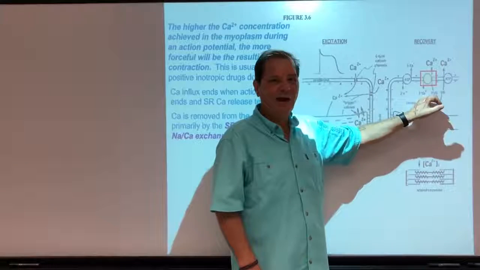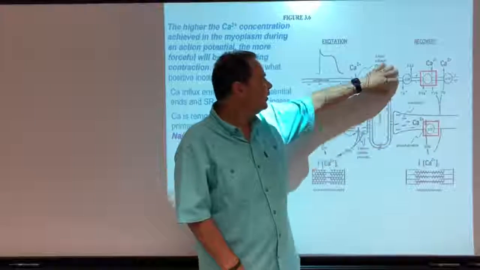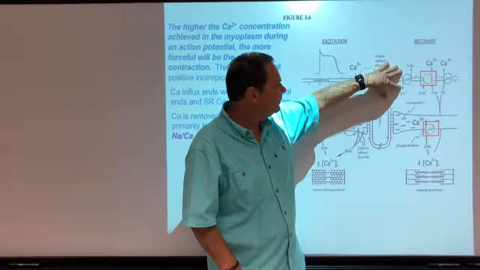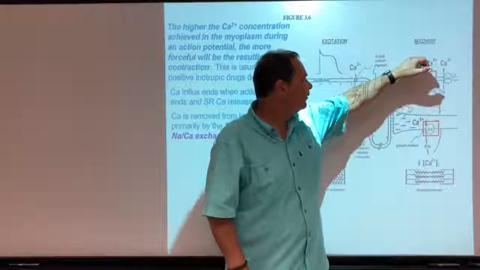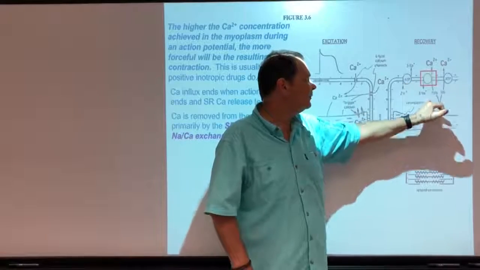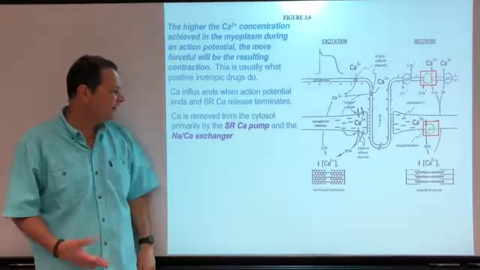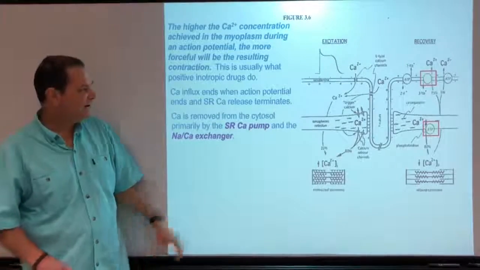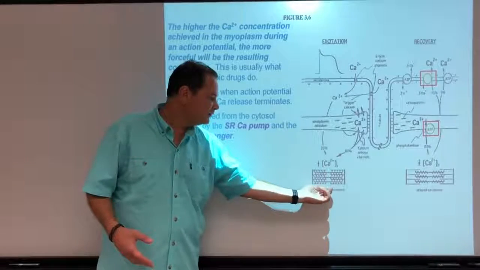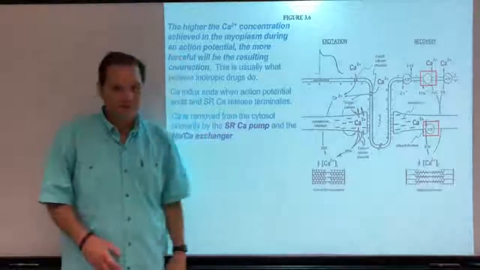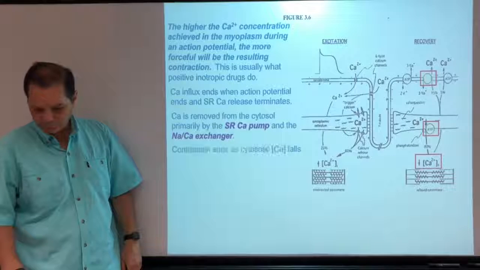So this is secondary active transport, which was described to you in an earlier lesson. The sodium gradient is set up by the sodium pump, the sodium-potassium ATPase, which pumps sodium out and potassium in. And so the gradient that is set up by this is used by this to move calcium out, secondary active transport, okay? And because the calcium in the cytosol falls, the contraction stops and your muscle is allowed to relax as the ventricle fills and stretches those fibers back out, okay?